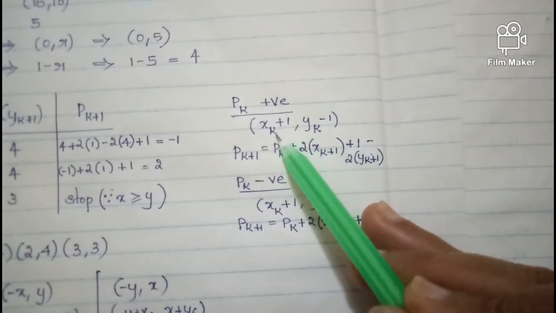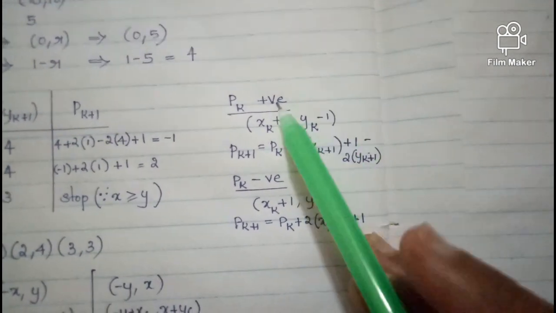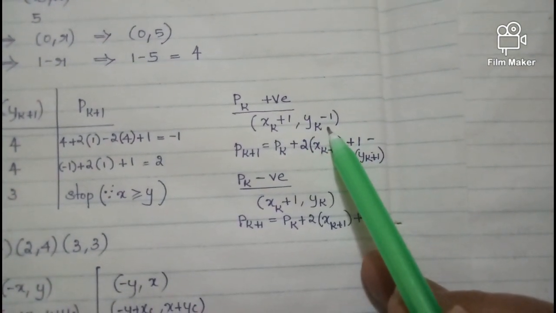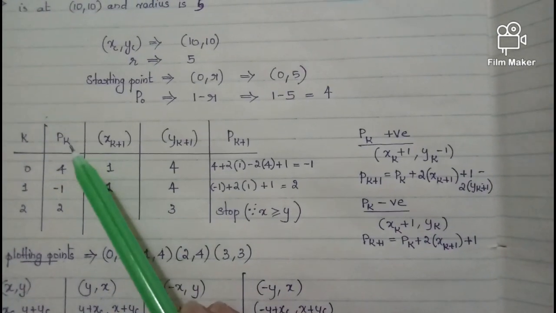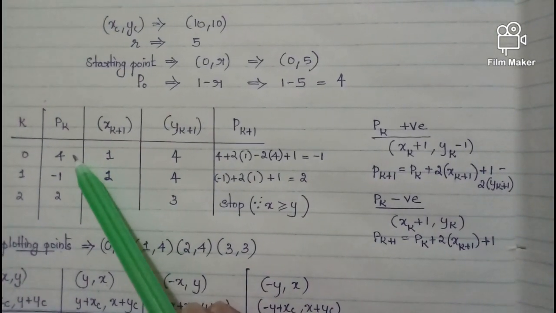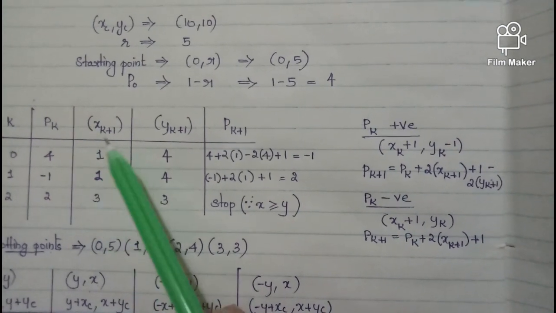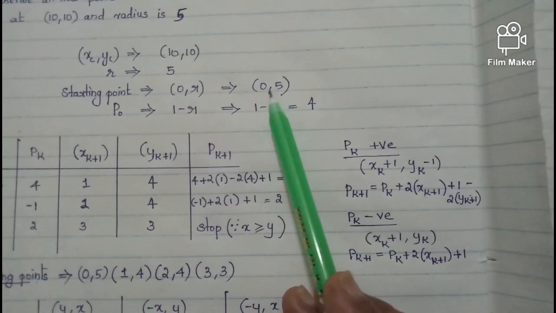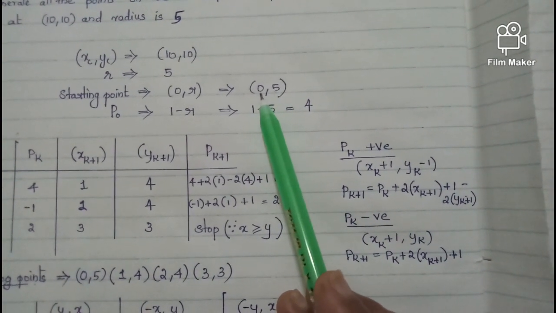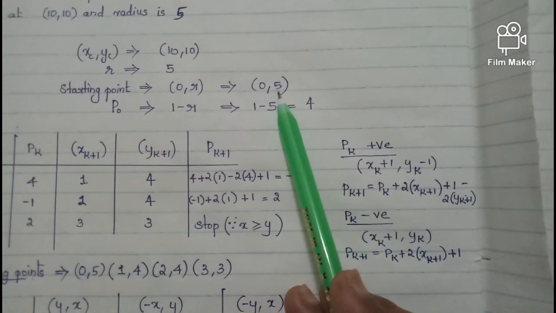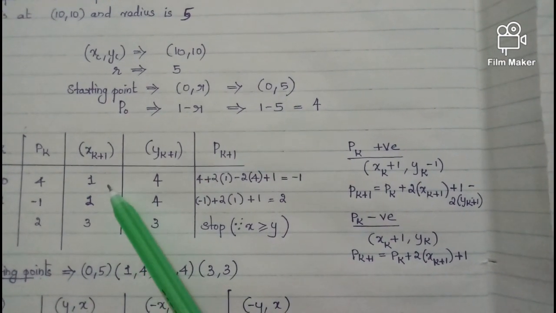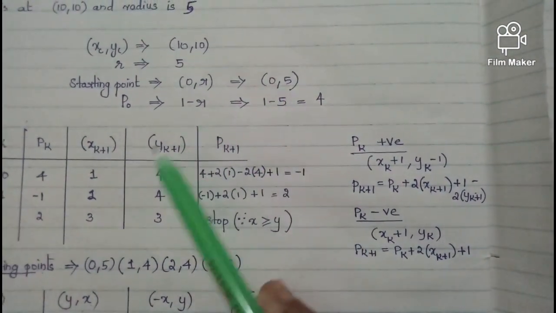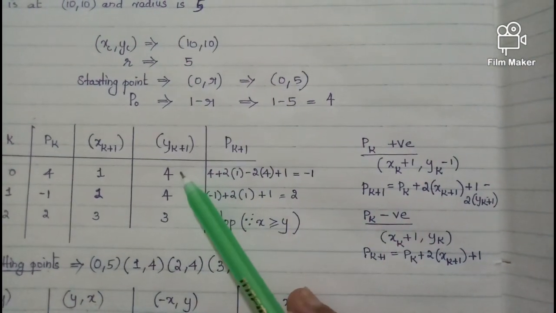So clearly when pk is positive, x increments and y decrements. In our first iteration, pk has a positive value, so x will increment and y will decrement. The starting point was 0, 5, that is, starting x is 0 and starting y is 5. From 0, x incremented to 1, and from 5, y decremented to 4.